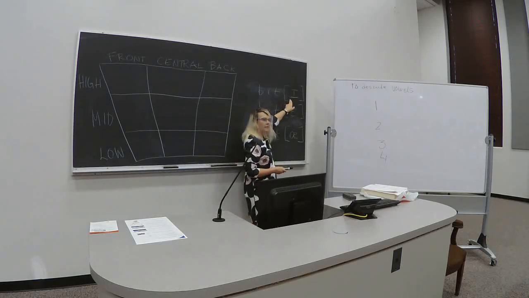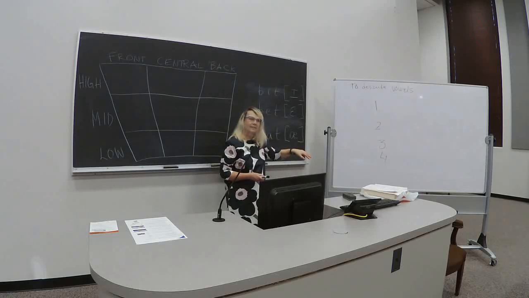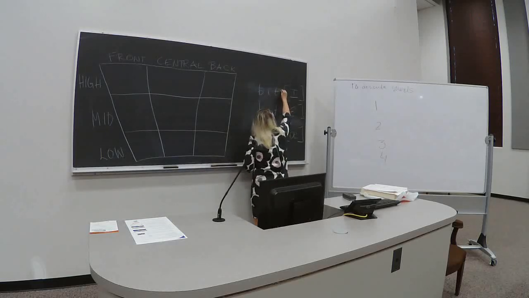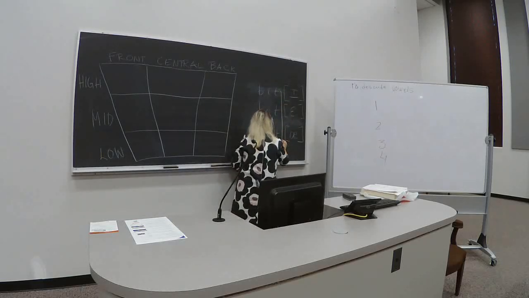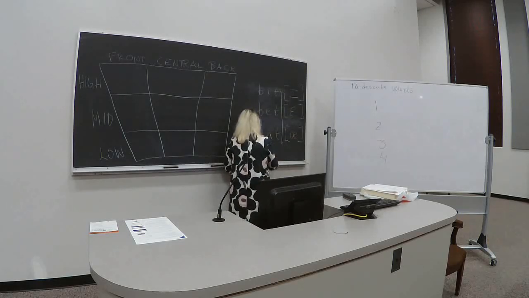E. Again. E. What do you do with your tongue? Yes, you do this. You lower the tongue. And this one is the highest, and then going from there, we lower the tongue.